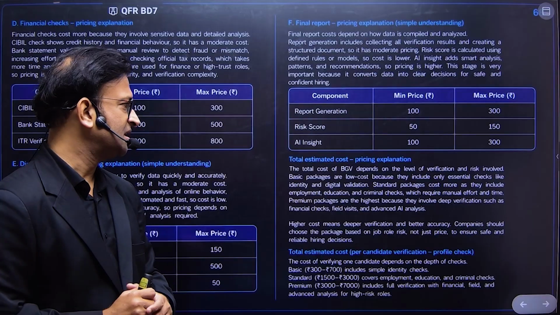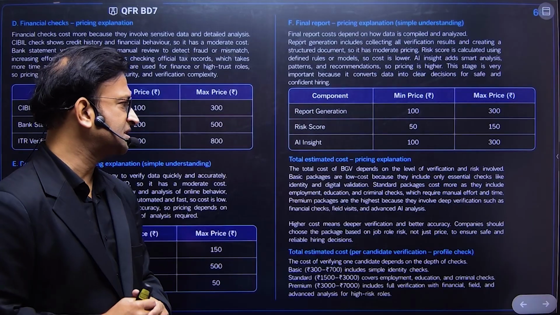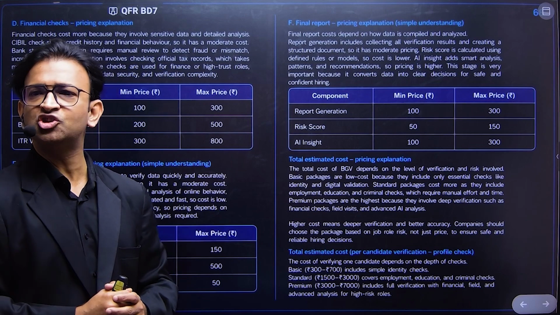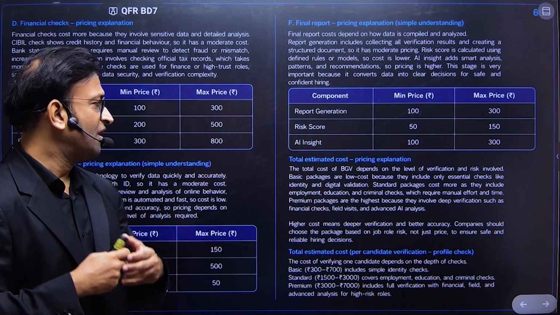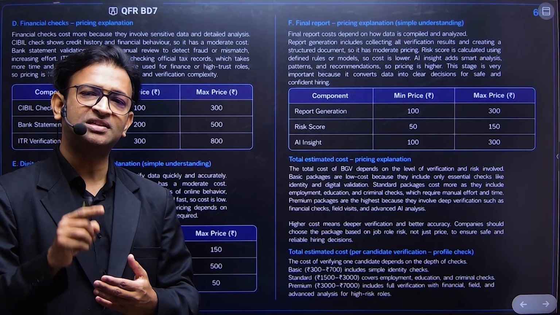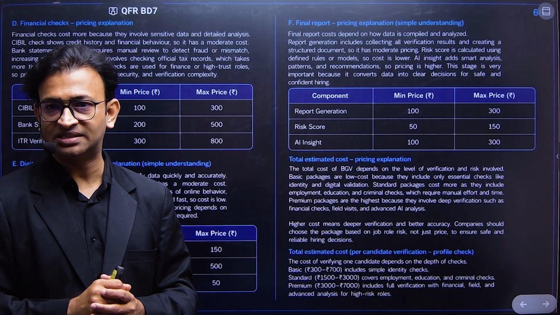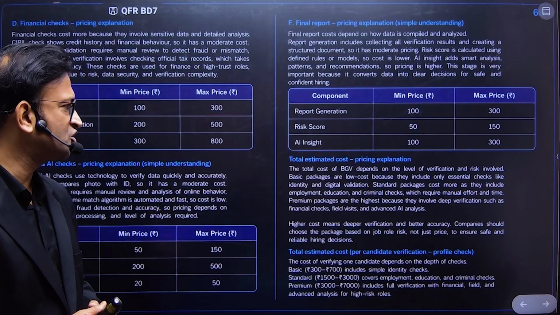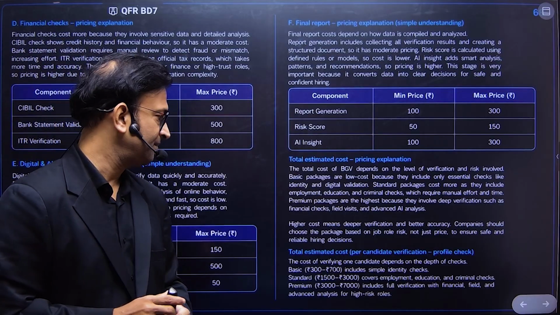Premium packages are the highest because they involve in-depth and deeper verification and validation, such as financial checks, advanced verification, and off-site field analysis and visits. Higher cost means deeper verification and better accuracy.